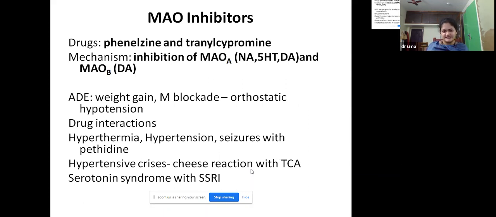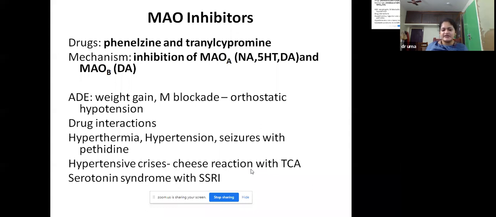MAO inhibitors inhibit both MAO-A and MAO-B, so tyramine escapes degradation and enters into the body. A lot of noradrenaline is released, as indirectly acting sympathomimetics are activated. They increase the release of noradrenaline, leading to vasoconstriction, producing hypertensive crisis.